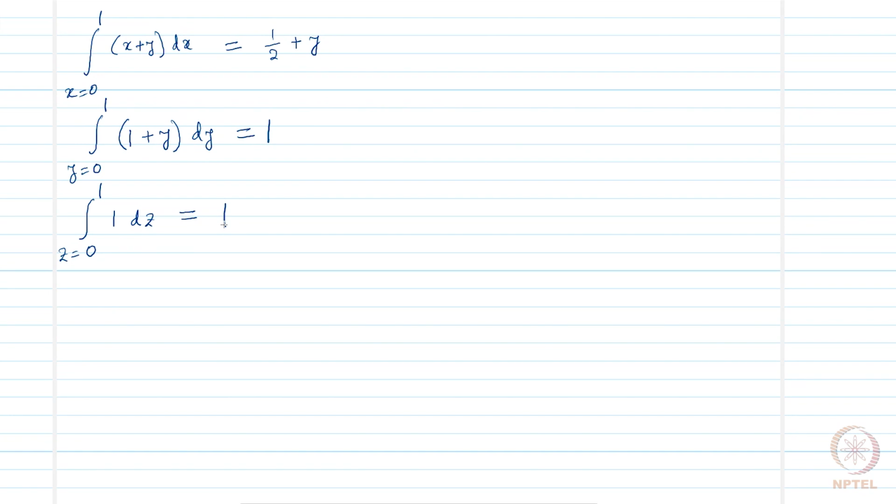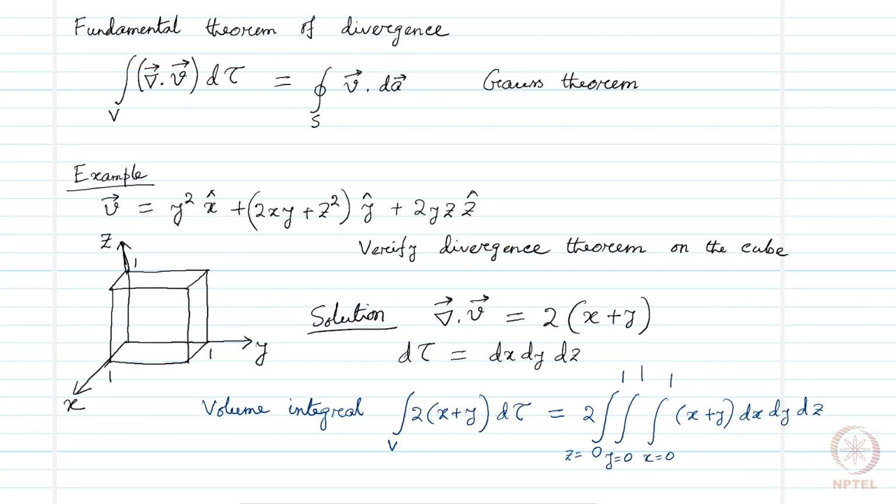Once we performed the integral, we got the result as 1, and then we are left with the integral over z, and we performed it to get again only 1. So, that means we have evaluated the volume integral of the divergence of this vector field V, and that becomes 2 because we had a 2 factor in front. So, this quantity becomes 2.